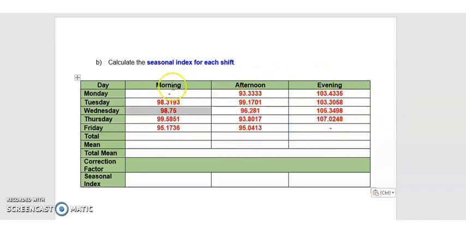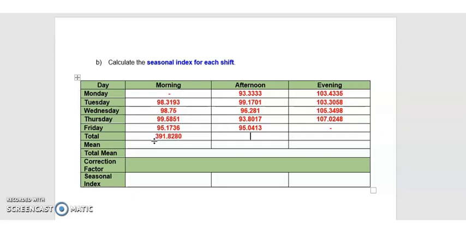Once you transfer all seasonal variations, the next step is to calculate the total seasonal variations for each shift. So if you total up 98.3193 until 95.1736, here you will get 391.8280.